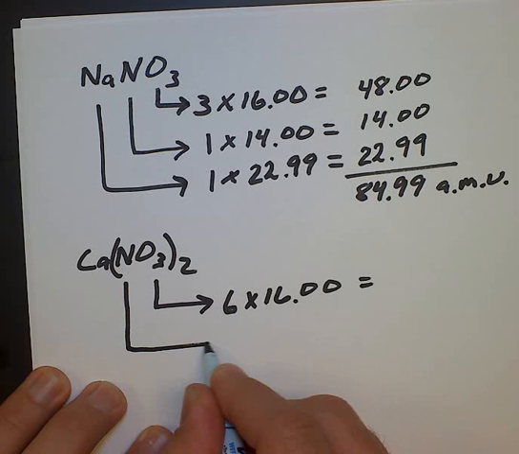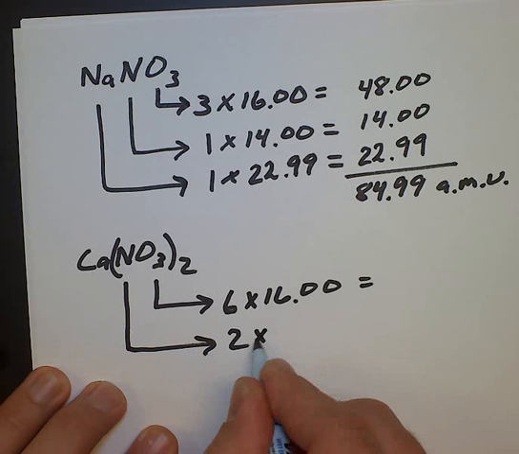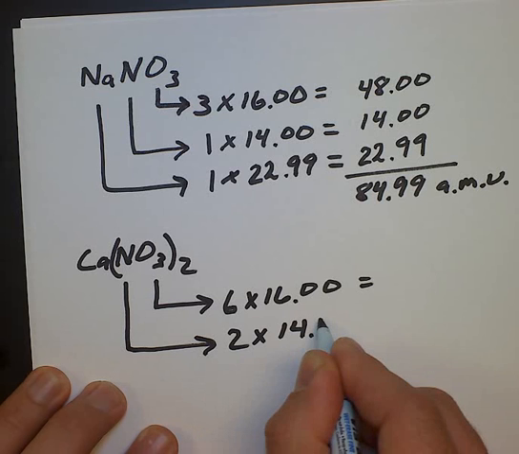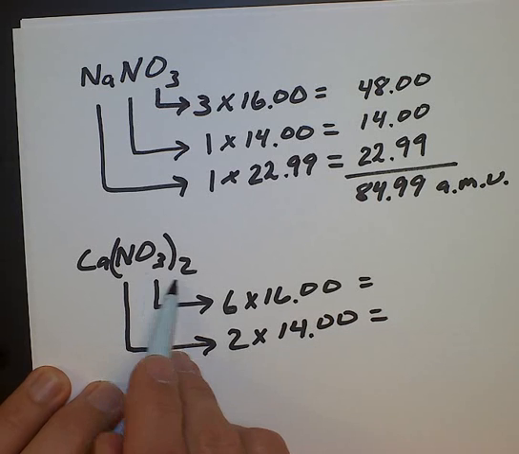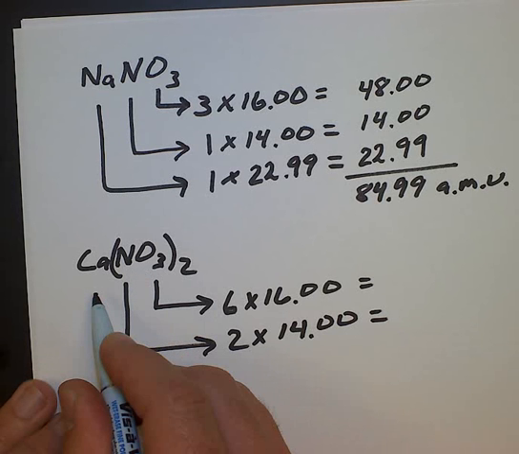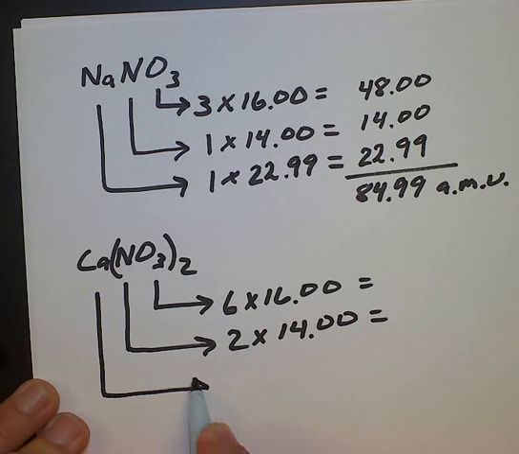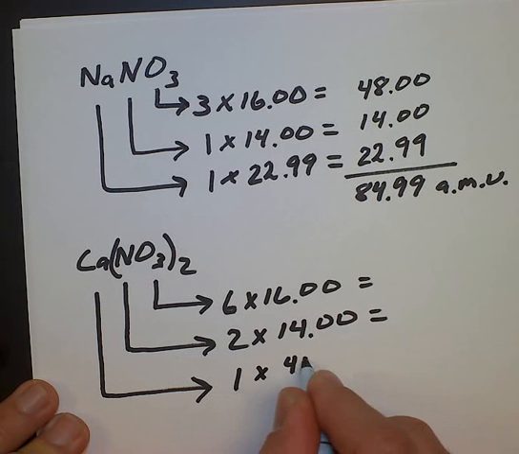We now have 2 nitrogen atoms. That subscript distributes to each element in the parentheses, just like you use the distributive property in math. And then we have 1 calcium, and each calcium is 40.08.